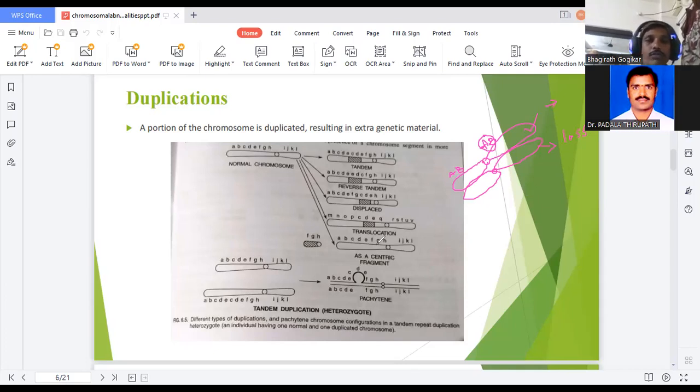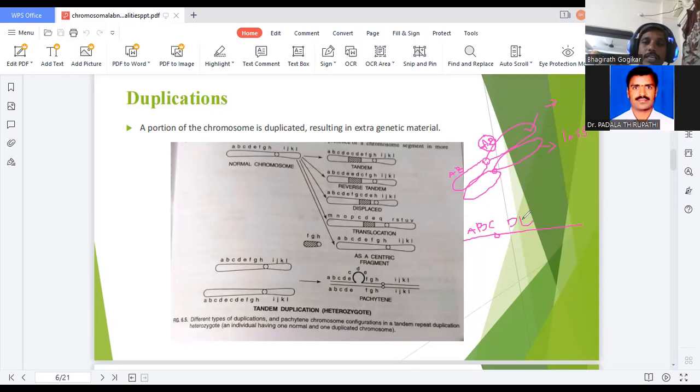First we go for tandem duplications. You can refer to any textbook, whether it is Telugu Academy or another textbook. For example, ABC is there and DEF is there.